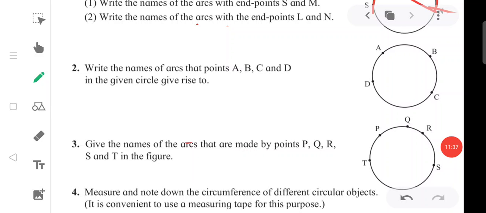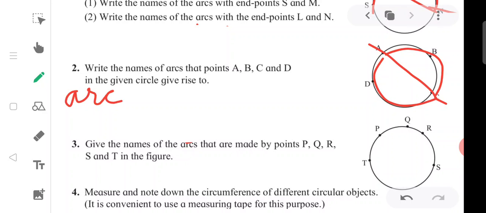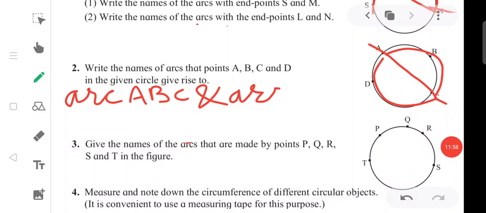See, first if we cut this circle on the points A and C, we have two arcs, arc ABC and arc ADC.